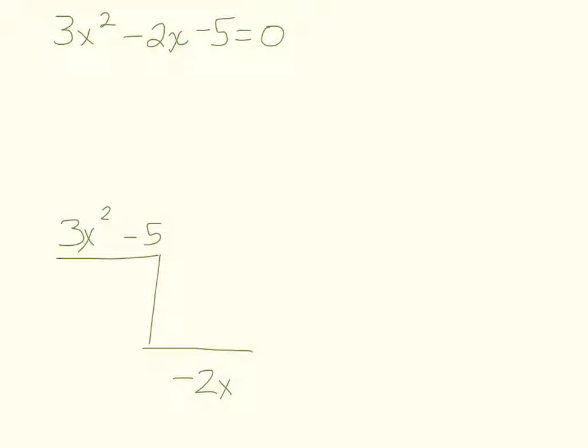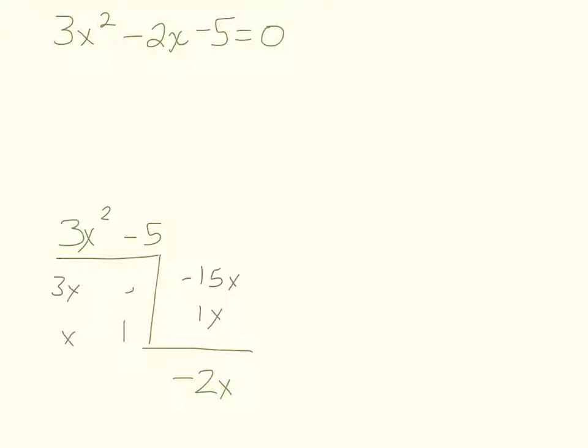I can break 3x squared up into 3x and x, and I can break negative 5 up into negative 5 times 1. Well, 3x times negative 5 is negative 15x, and x times 1 is 1x. That's not going to be negative 2 when I add those together, so I might need to try something else.